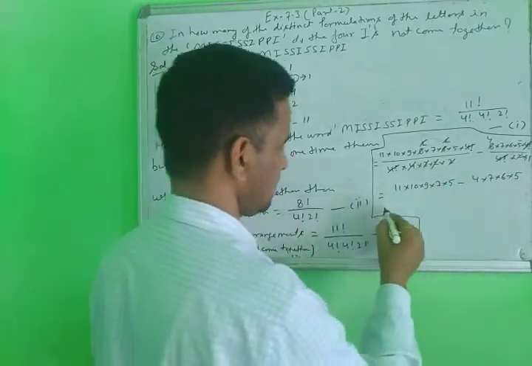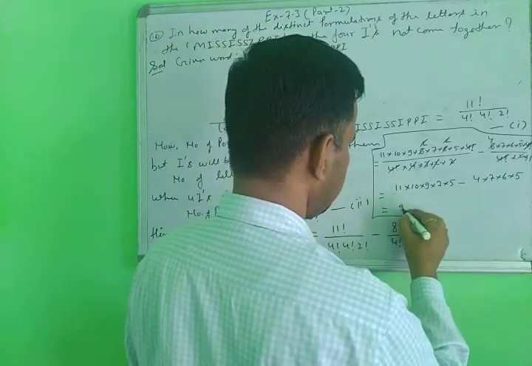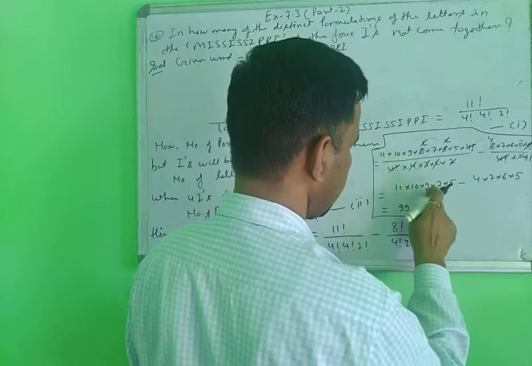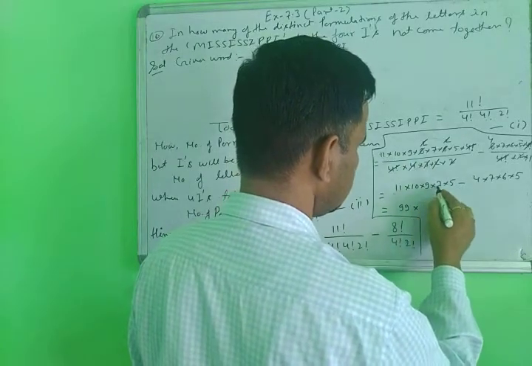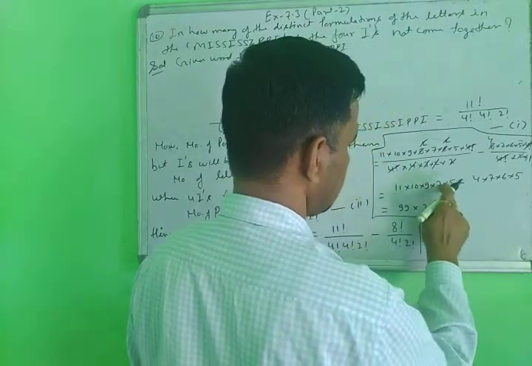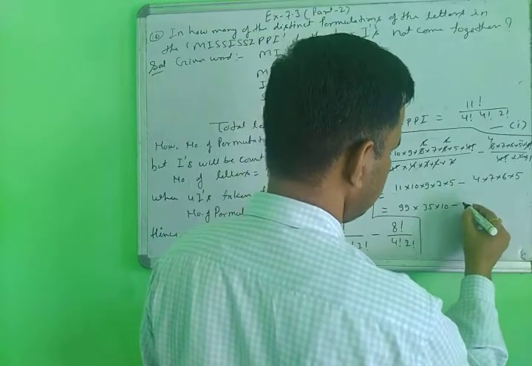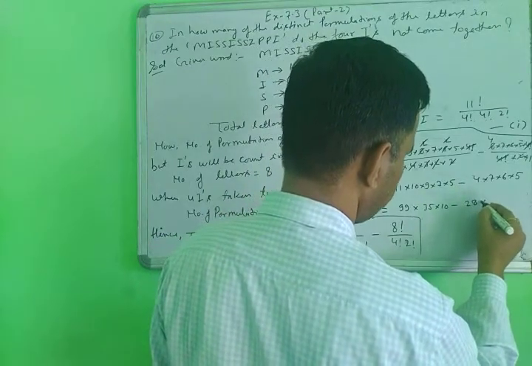Yes, you calculate it. 11 times 9 is 99, into 7 times 5 is 35, into 10. And 7 times 4 is 28, into 5 times 6 is 30.